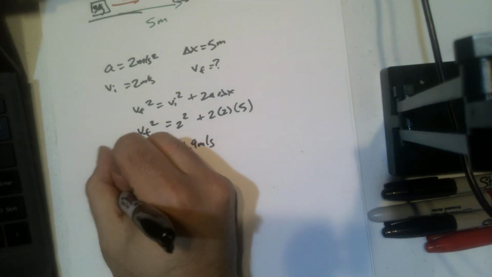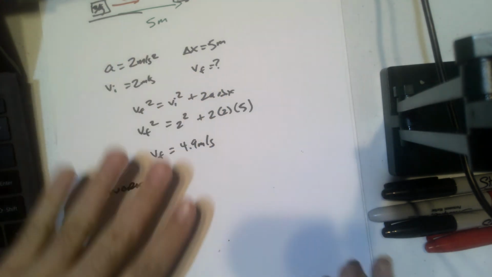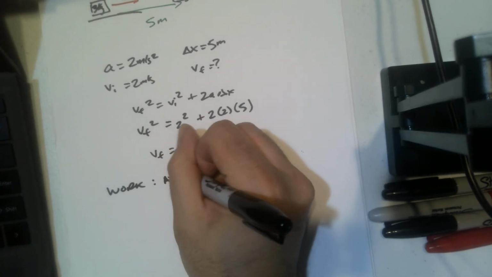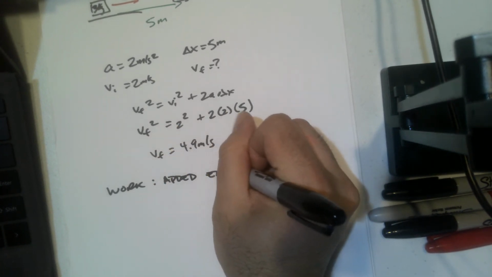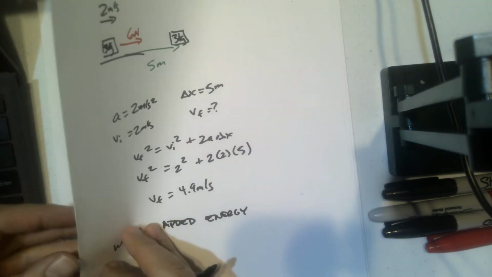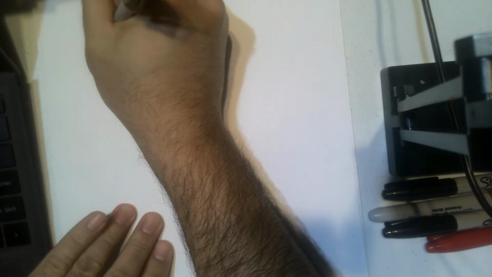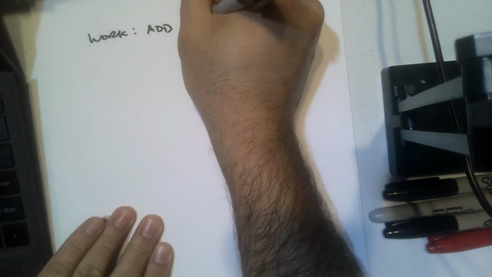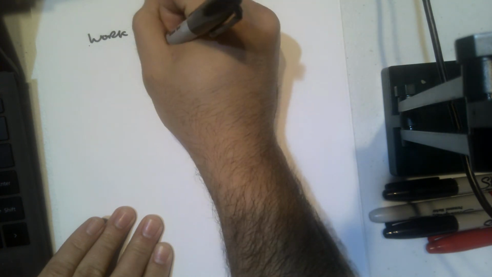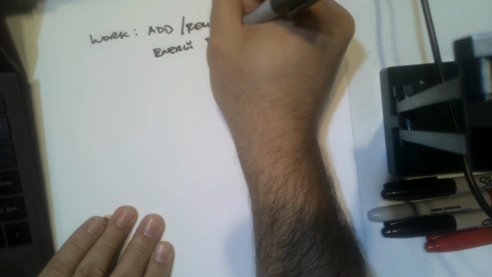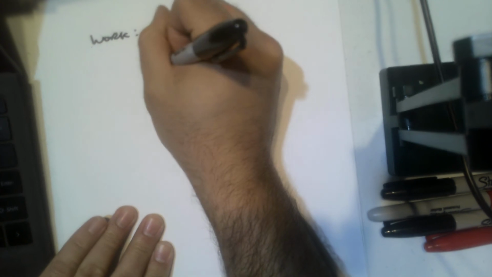So this is where we get into the idea of work. There has been work done here. And what work has done in this case is it's added energy to the system, and the type of energy that was added was kinetic energy. So essentially, we want to define work a certain way. Work allows us to add or remove energy from, we'll call it an object or a system.